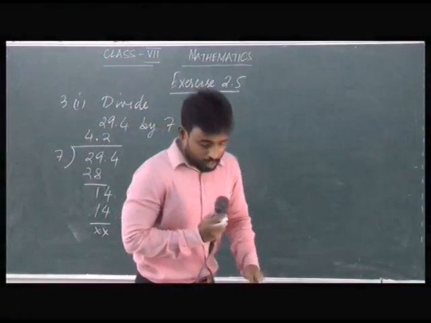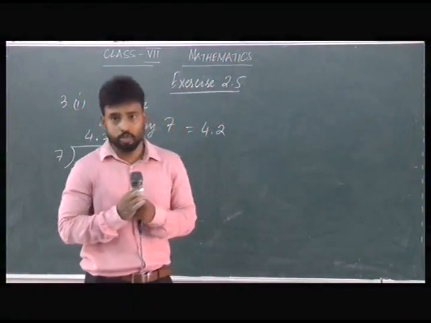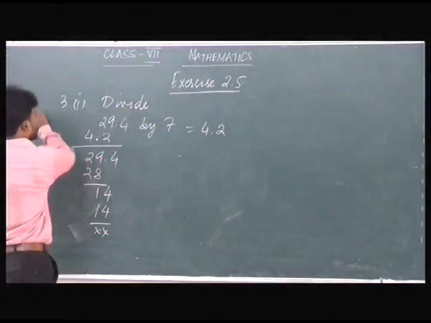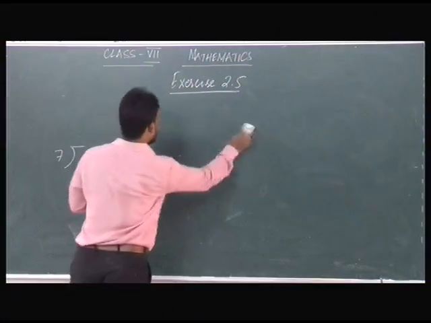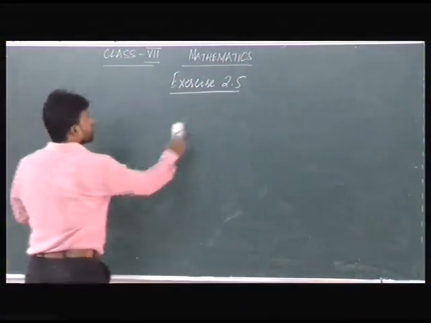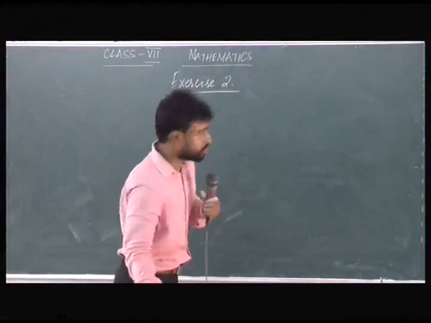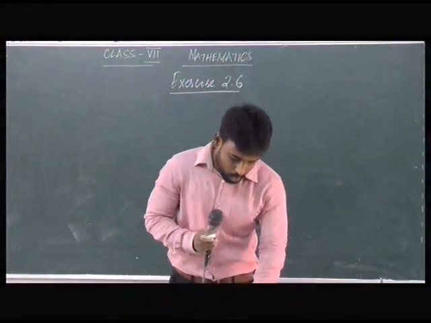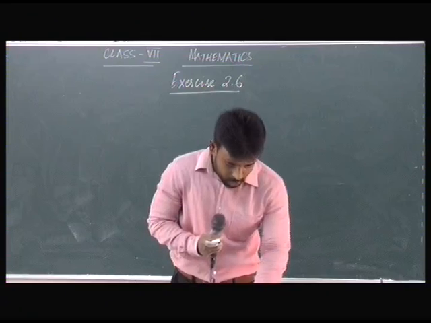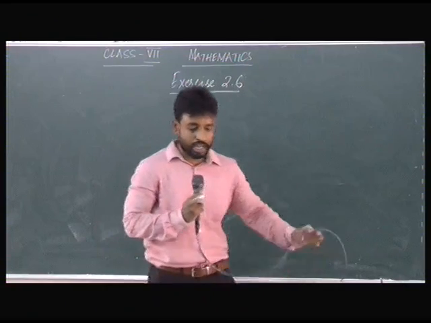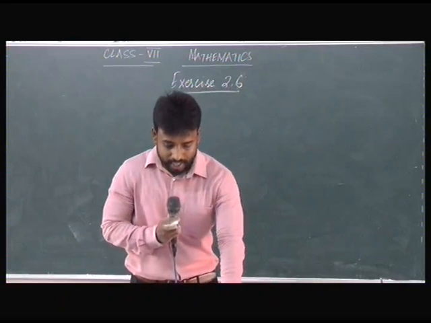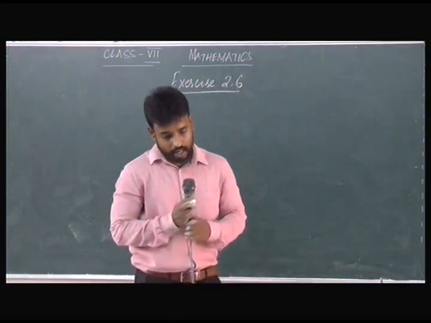So let's come to the last problem, that is exercise 2.6. Let us take one problem from that exercise. We are taking up question number 3. It says the product of two decimals is 351.26, and if one of them is 19.3, find the other.